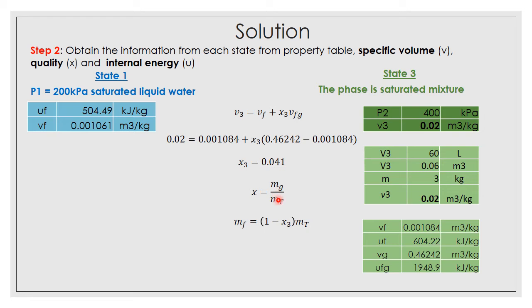So what we need to do is subtract 1 minus x3, which we obtained here, and multiply by the total mass, which we get from the question, and then we do the calculation to obtain the final answer, which is mf, or amount of mass in the form of liquid, equal to 2.877 kilogram.